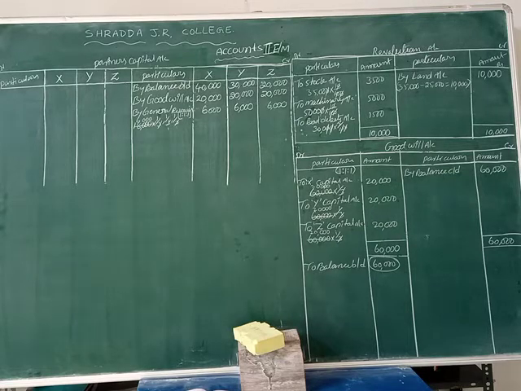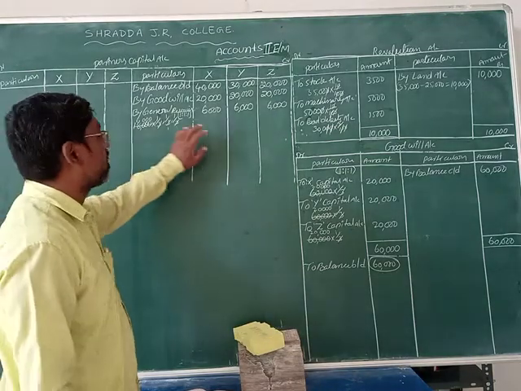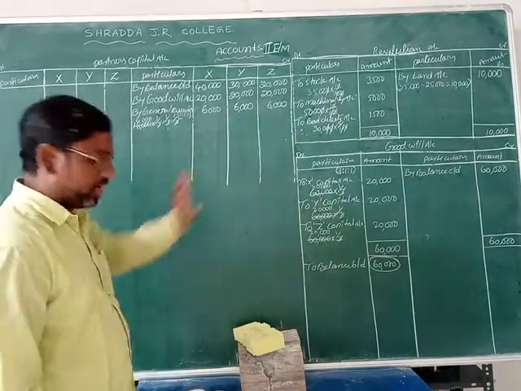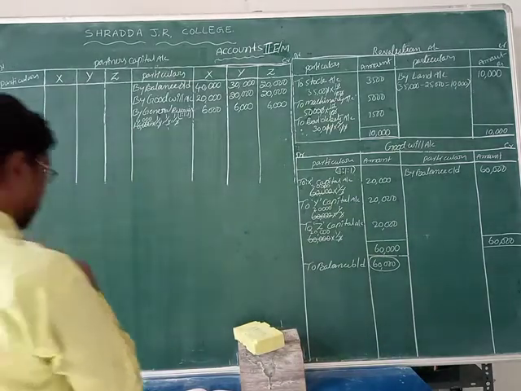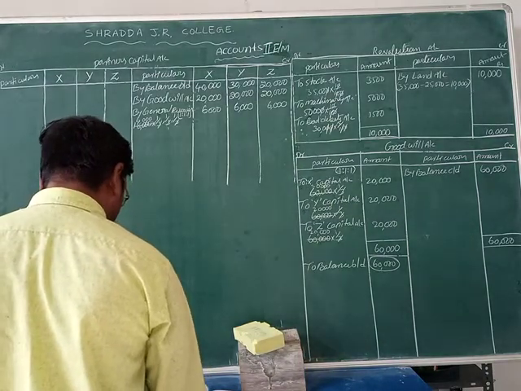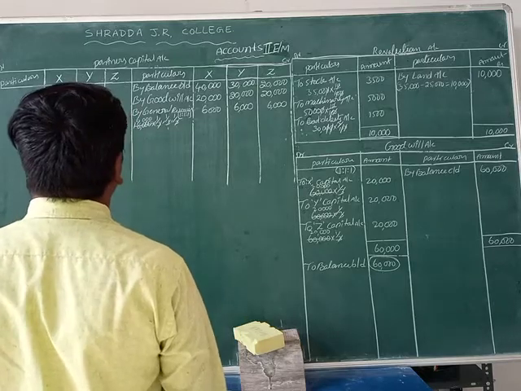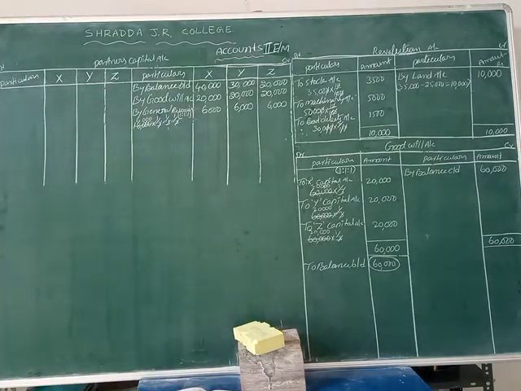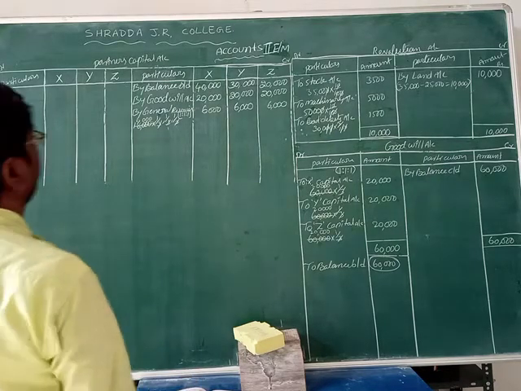So we don't record revaluation profit or loss in the partners' capital accounts. We cannot record it now. Okay now. Next, what is there? Let us say partners' capital profit. The next one: the profit or loss account is also not given.